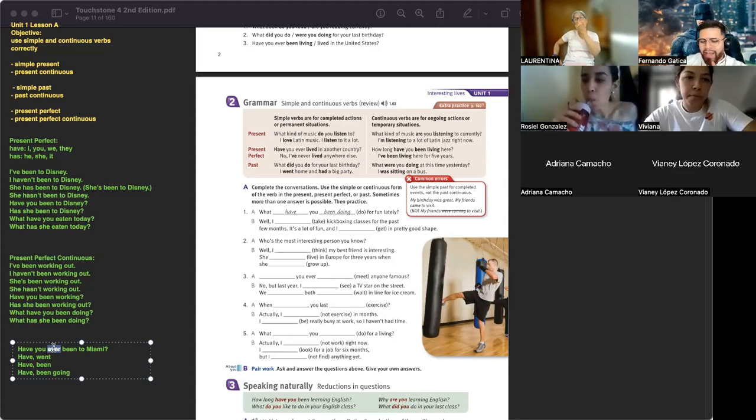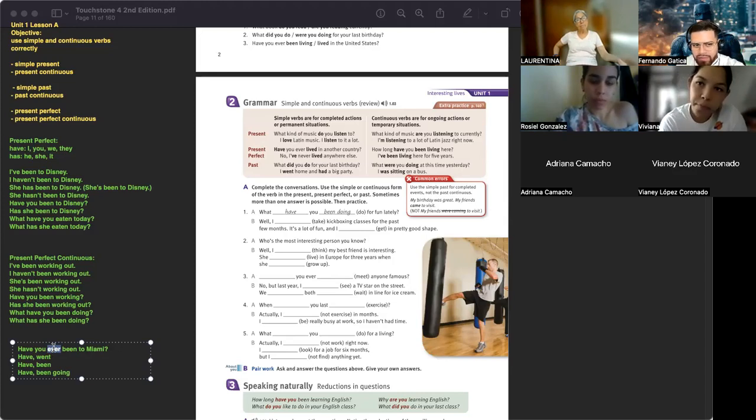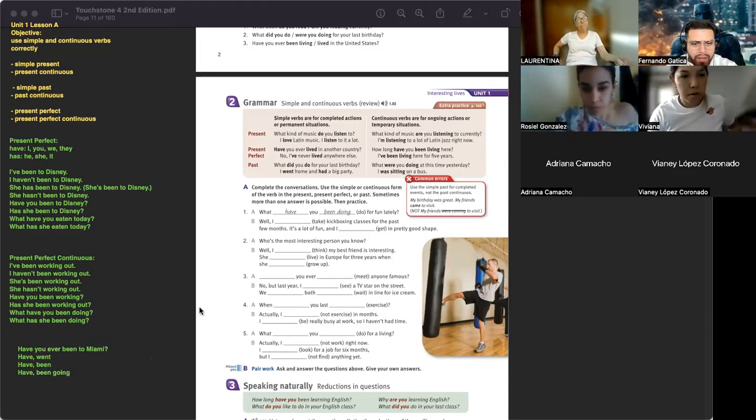So you can't combine a permanent expression with a continuous verb. That would be crazy. Unless it's a long habit, but here it's not a long habit. Remember, ever is permanent, present perfect continuous is temporary. So that's why this is not correct.